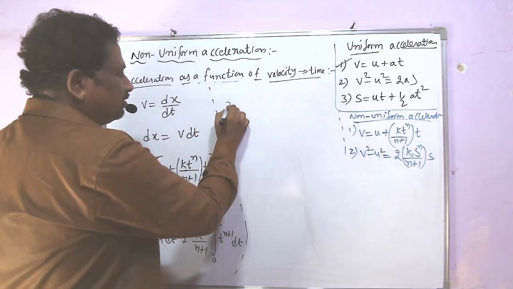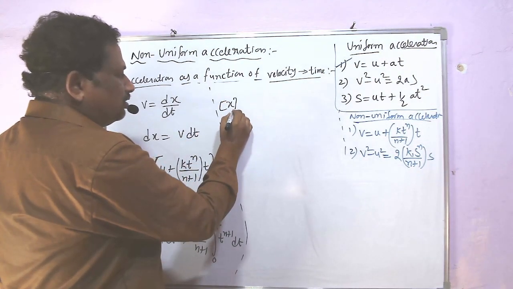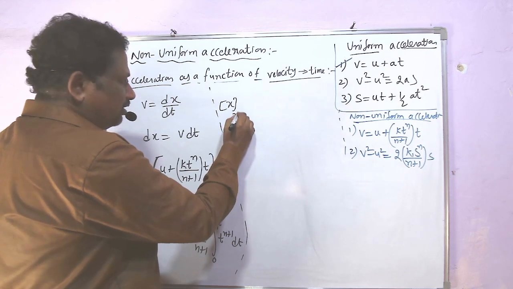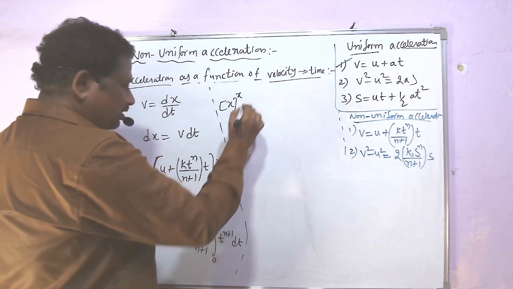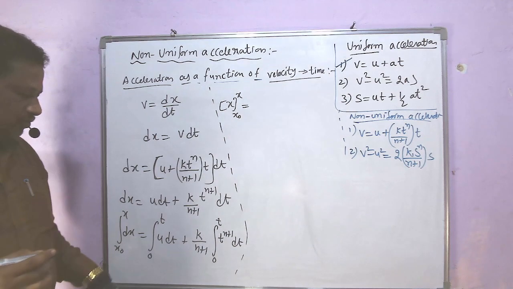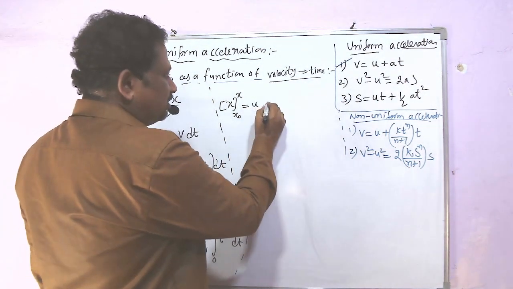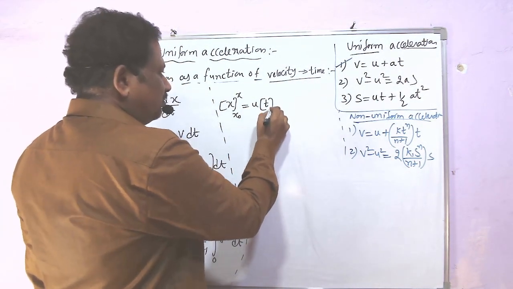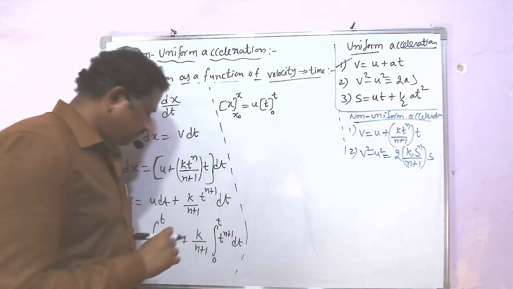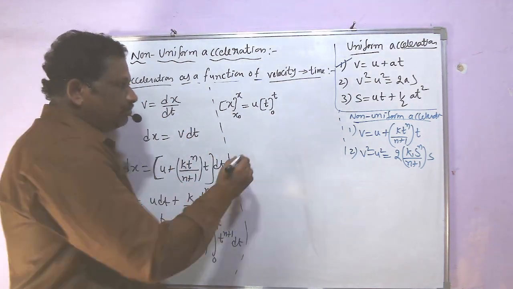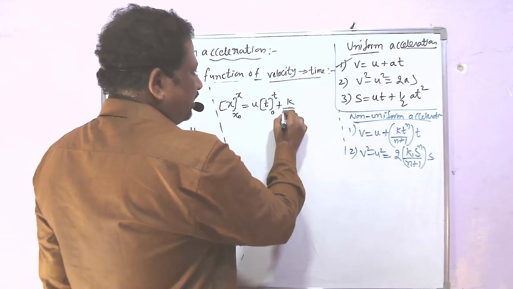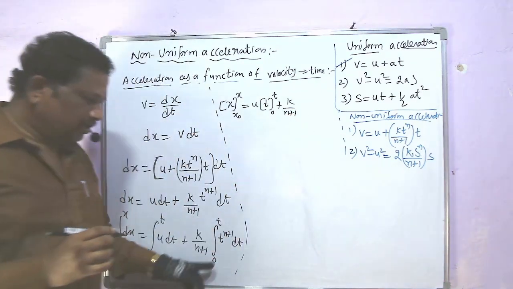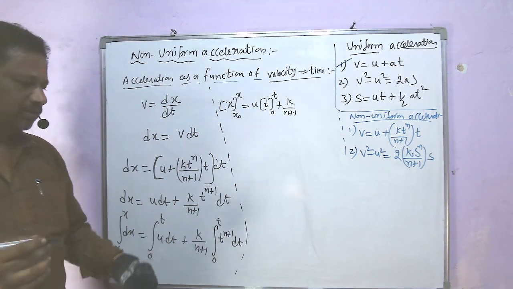Clear? Any doubt? So now this becomes upper limit minus lower limit: x minus x naught is equal to t minus 0, plus k by n plus 1 into n plus 2, into t power n plus 2 minus 0 power n plus 2.